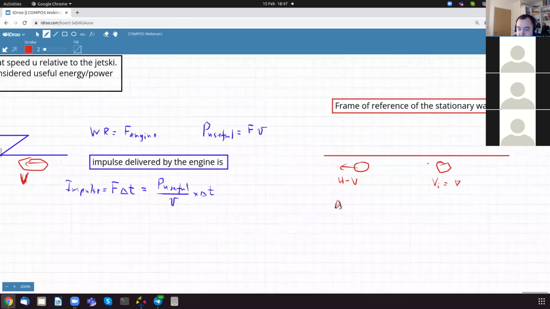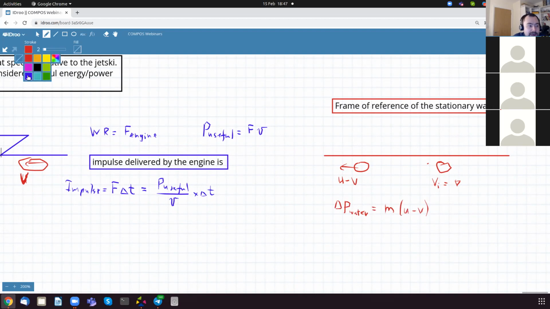So the change in momentum of the water is equal to m(U minus V). And now we go back. So impulse is this. And we know that the impulse delivered to the ship and to the water has to be the same.